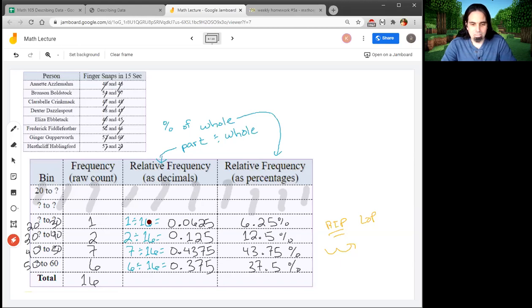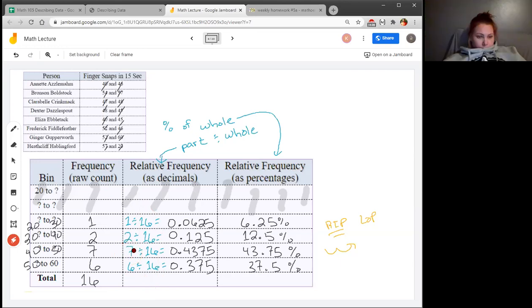Yes, right? The total, the whole, will be the same for everything. So the biggest thing that we start our division with will turn into the biggest number over here.